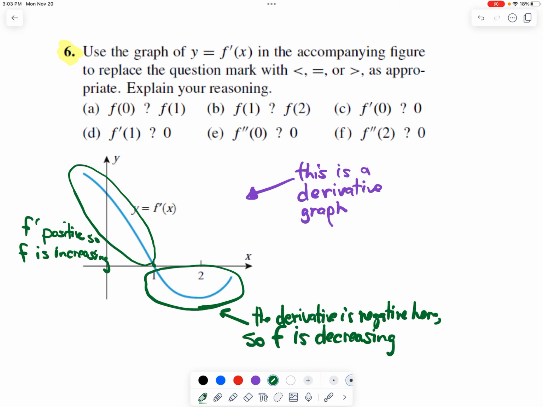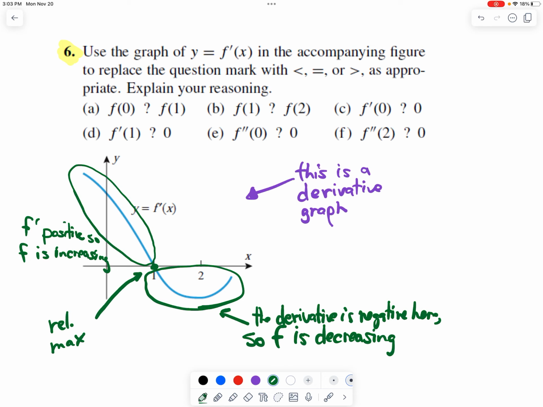And so that point where f has gone from increasing to decreasing, or where the derivative is positive and then goes to negative, means that 1 right there is a relative max. The function has been increasing until we get to that point 1, and then it's decreasing. That means it's reached a peak, also known as a relative max.